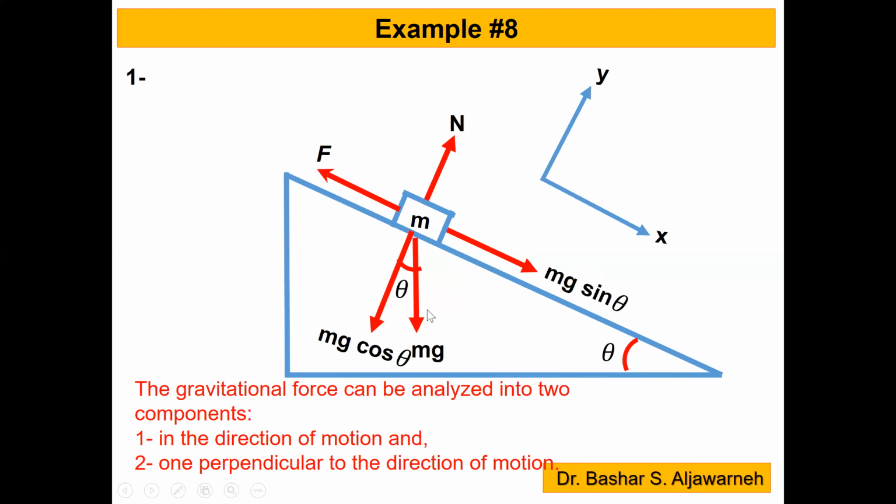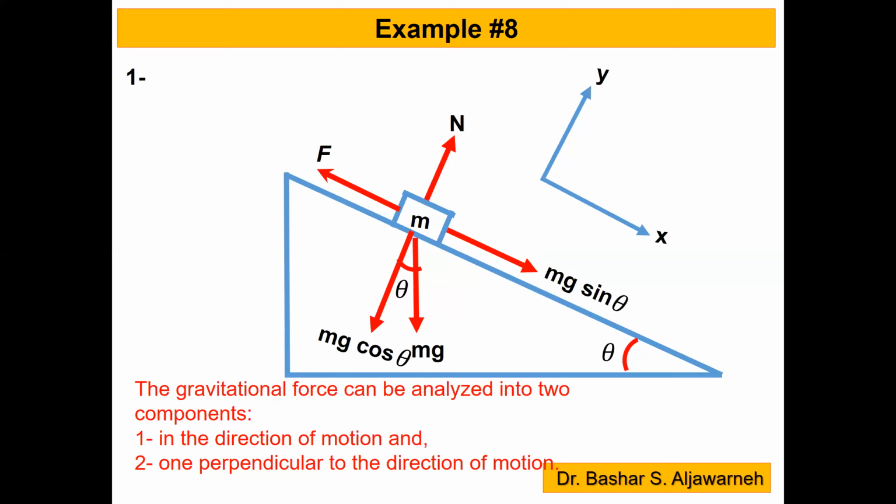But the weight has an angle, so we have to have two components for this block's weight. We have the weight along the x-axis, which is mg sine theta, and the weight along the y-axis, which is mg cosine theta. Okay, so part one is done.